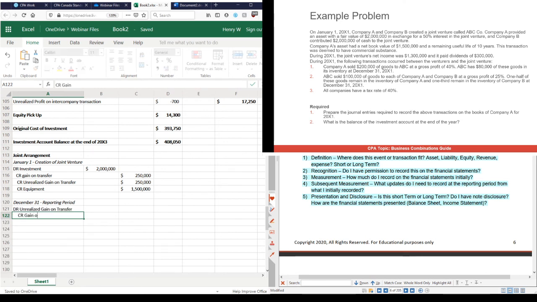Credit gain on transfer. So that gain on transfer was 250,000 amortized over 10 years. Oops, wrong side. And then over here, debit.